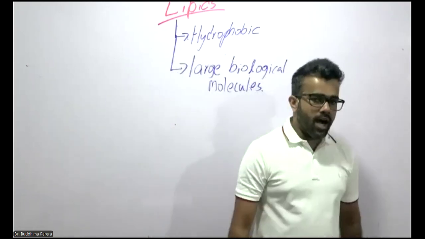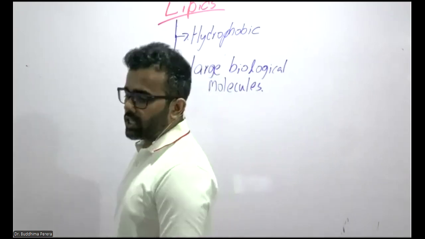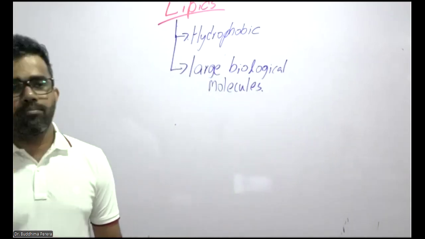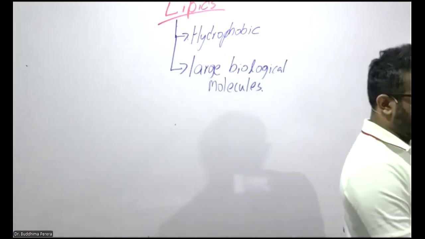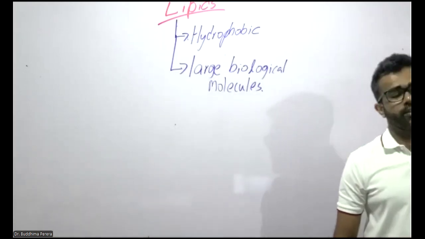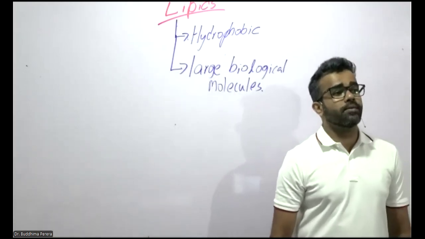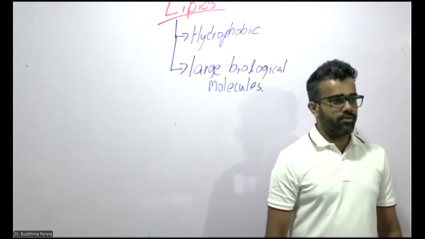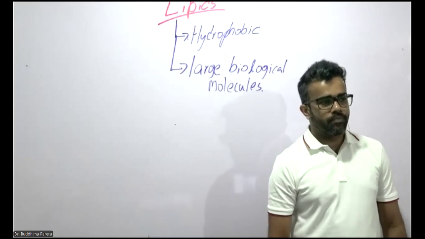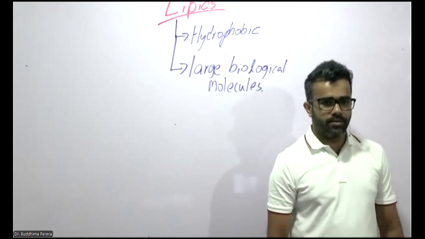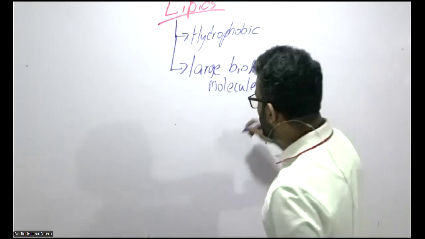Even though they are large, they are not considered as macromolecules. Actually they are large; their molecular weight is more than 10 to the power 4 to 5. But we don't consider them as macromolecules. Why? Because they are not polymers.